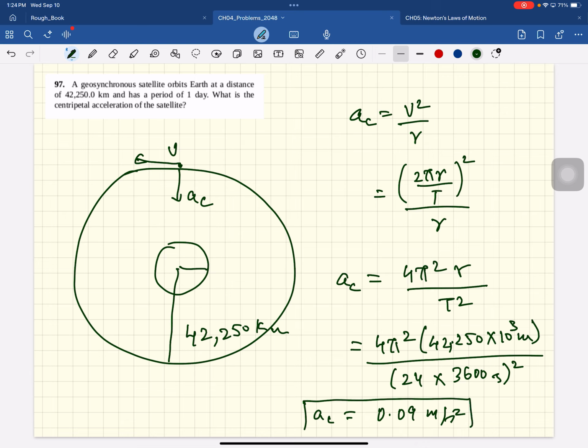Okay, so it's 0.1 meters per second squared at that height.